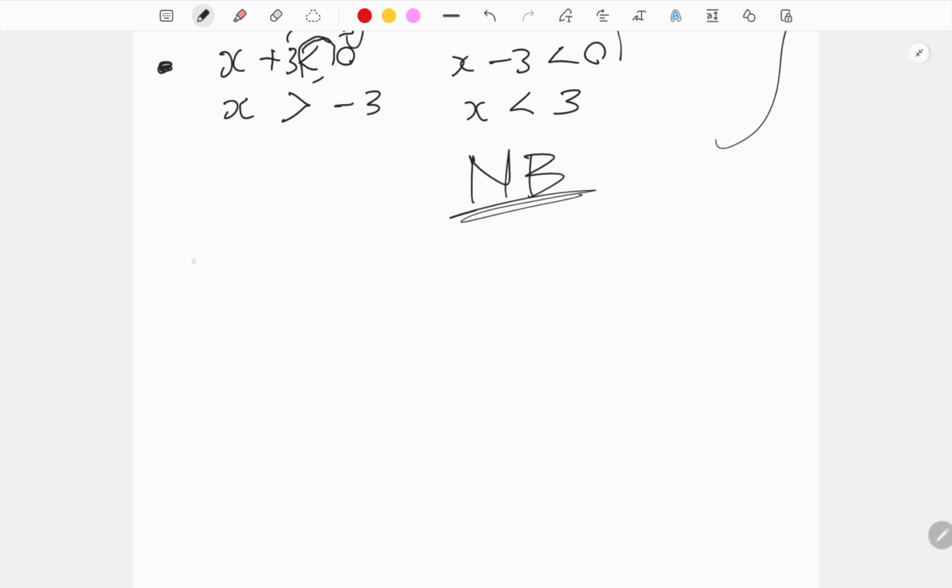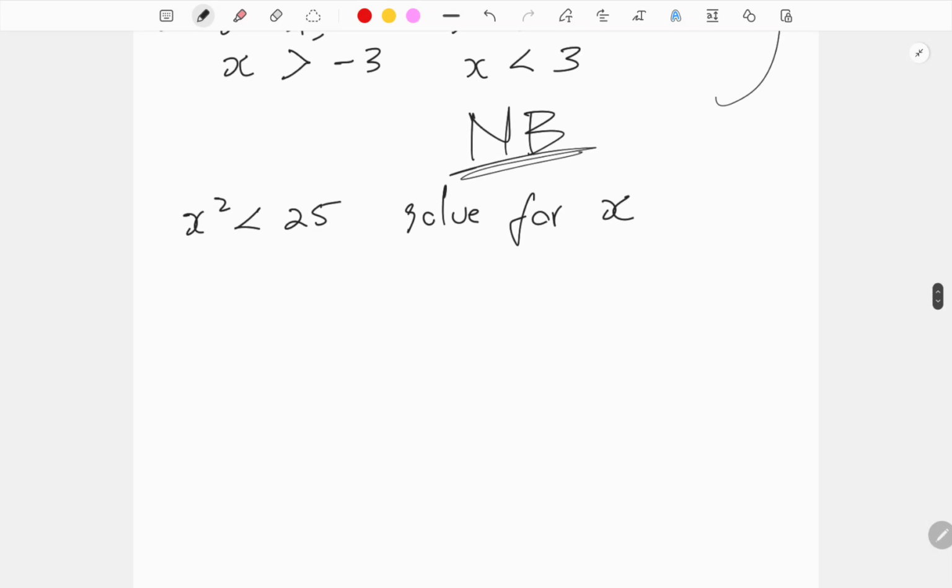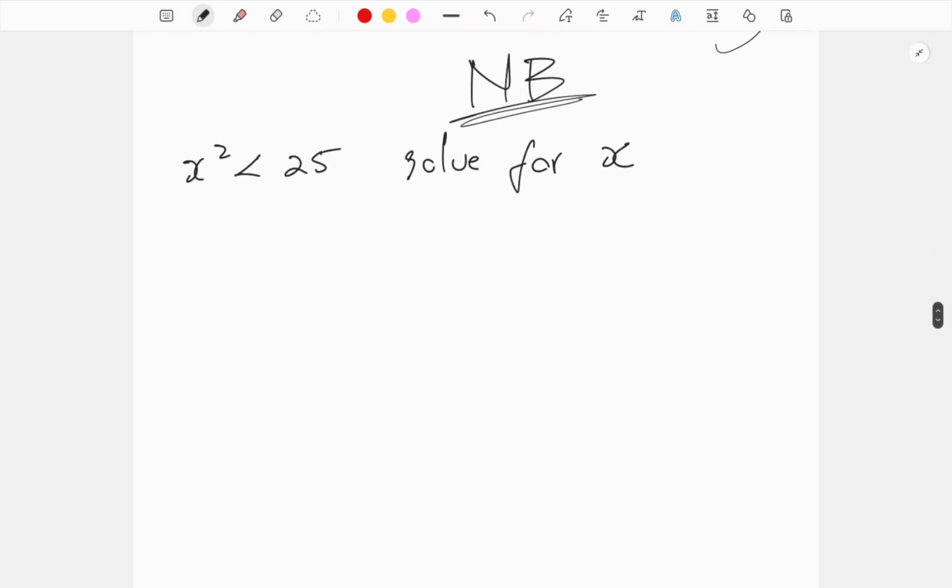Let's take this for an example. You have x squared is less than 25. Then they say solve for x. What do we have to do? Remember, you are solving for x. You must transpose everything to the left-hand side so that you can be able to solve for x.